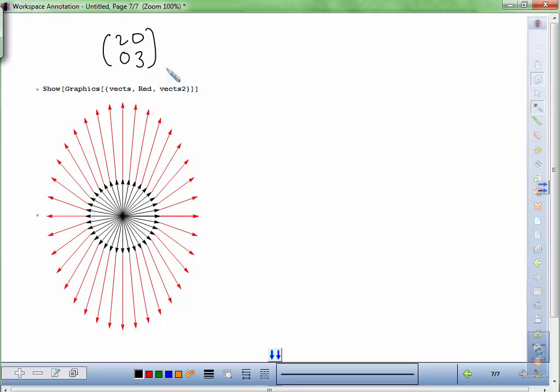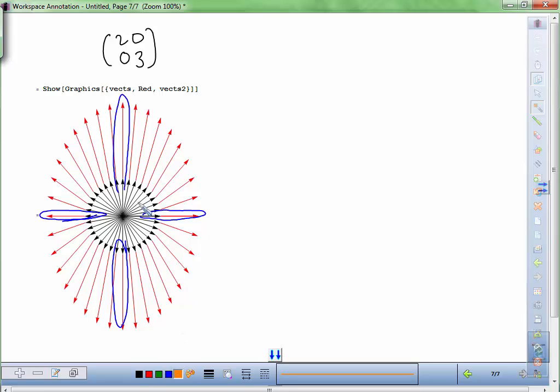And so if we look carefully, and you kind of have to look carefully, this one and this one look like they might be collinear, and then this one looks like it might be collinear.